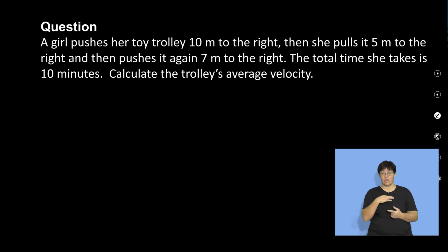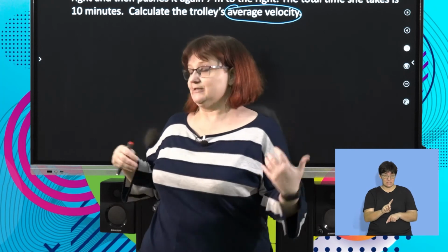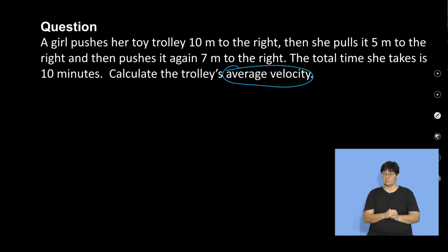Girl pushes trolley to the right, then pulls it again to the right, and then pushes again to 7. So now they want average velocity. Velocity means direction. So what I need is her displacement, okay? She pushes it to the right to start off with, so I'm going to say to the right is my positive direction.